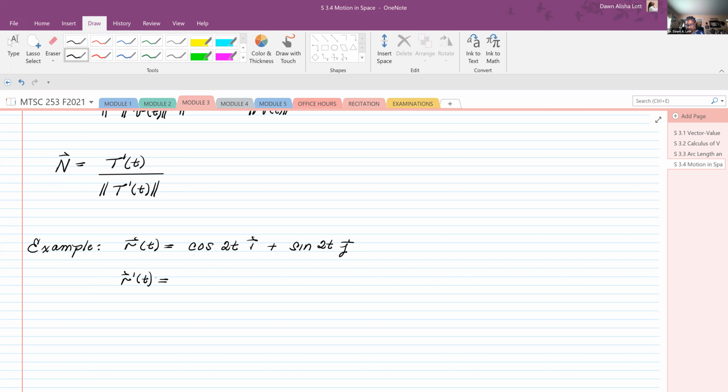You pull the 2 in front of the cosine, and it's negative sine.